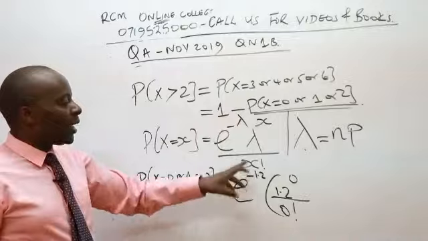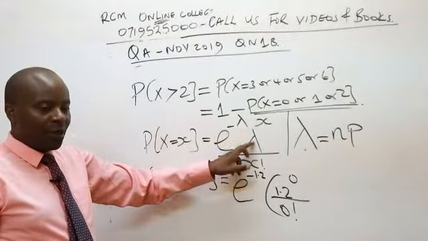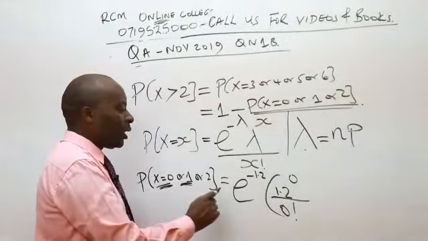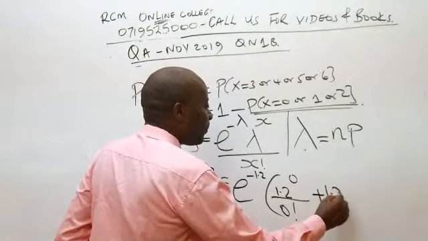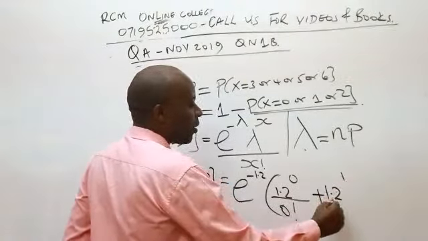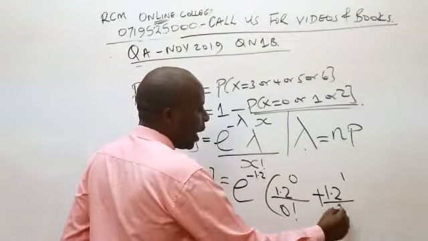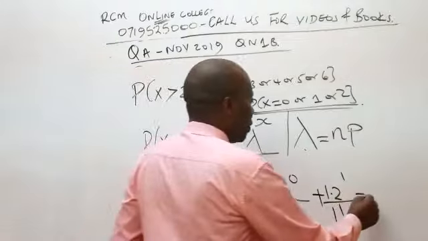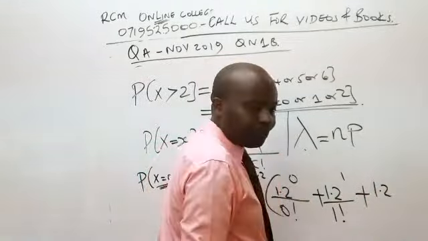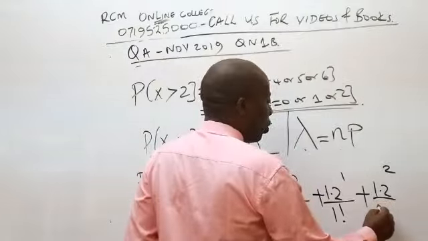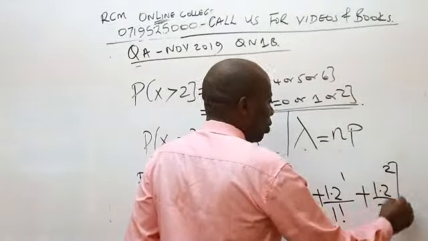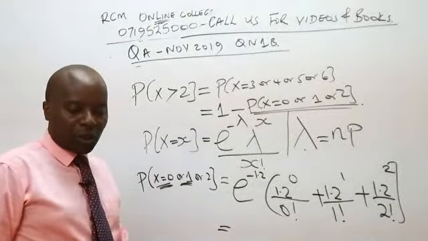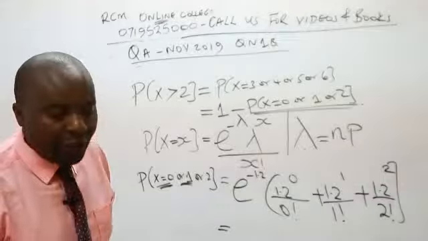Inside brackets, I'll have lambda raised to x all over x factorial. So plus the mean raised to 1, all over 1 factorial, plus 1.2 raised to power 2, all over 2 factorial. So please go ahead and evaluate all of it at once, using your calculator.